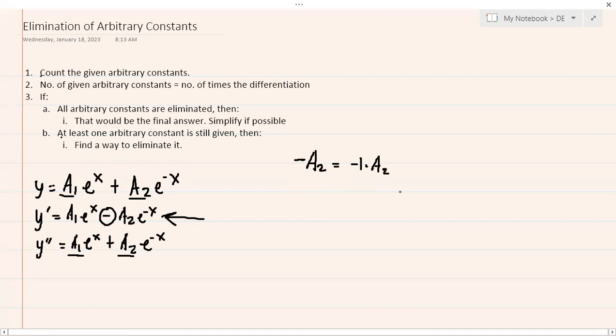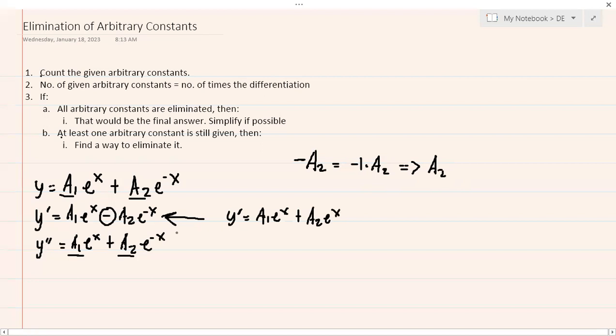And remember what I said: if we have a constant term that you add, multiply, divide, or subtract to an arbitrary constant, then the result is just an arbitrary constant, right? That means we can simply represent this as a sub 2. So therefore, we can have y prime is equal to a sub 1 e raised to x plus a sub 2 e raised to x.